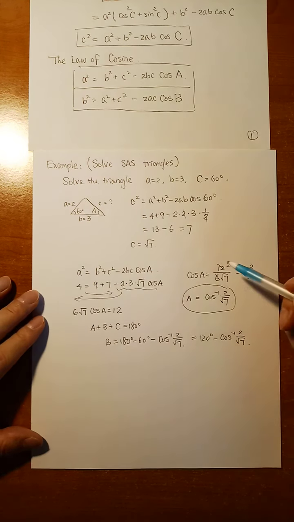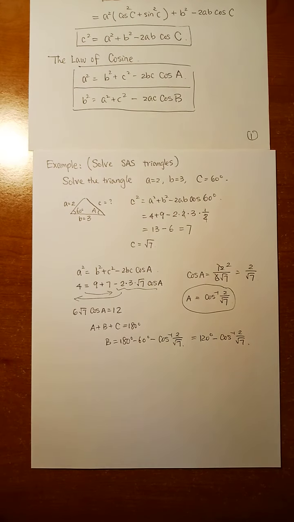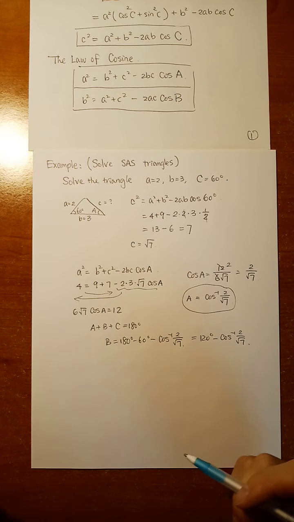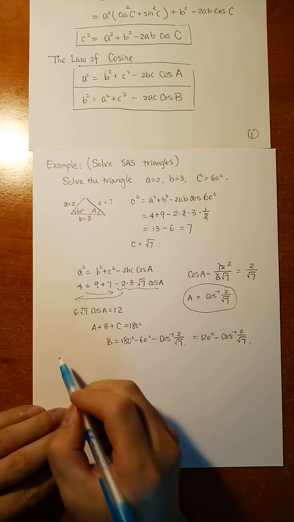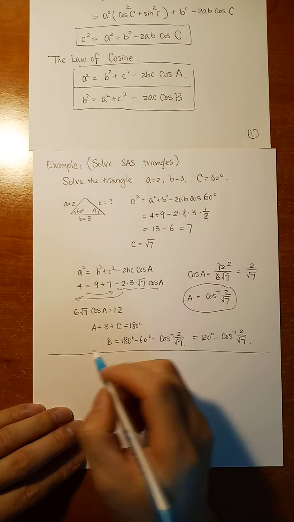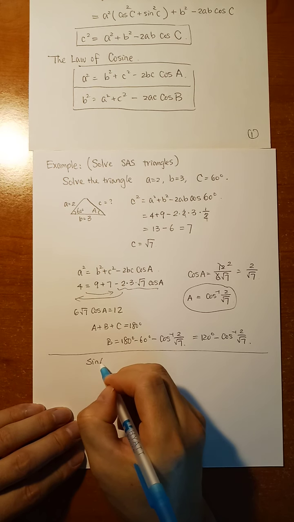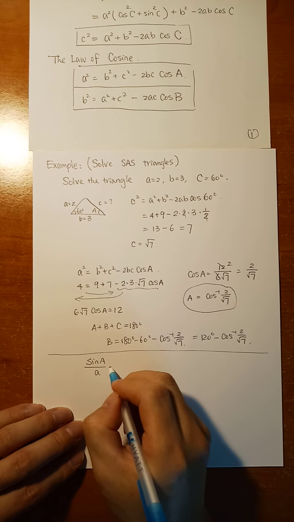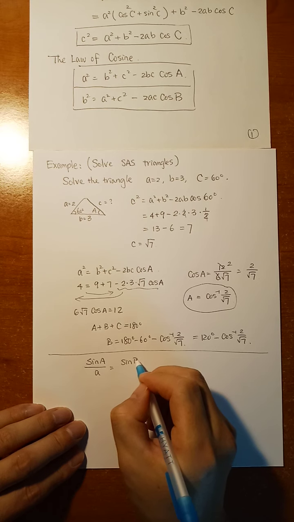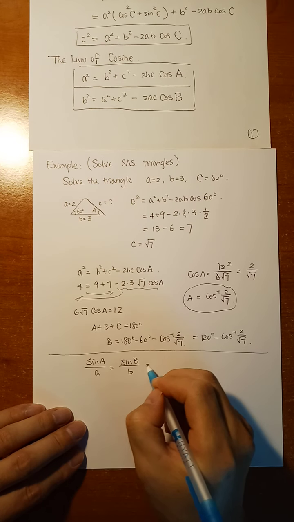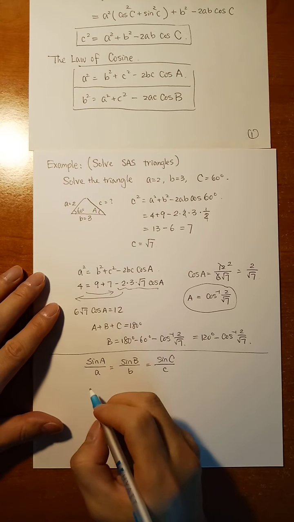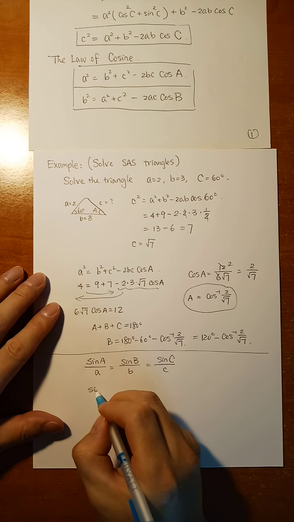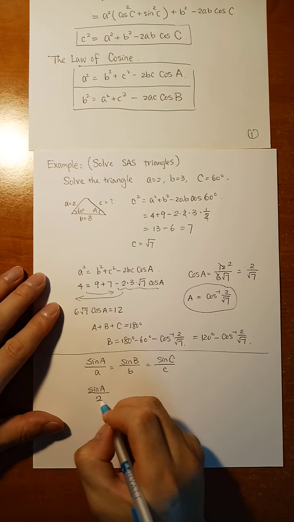Okay, so this part we use cosine. We, of course, can also use the law of sine. So I'm going to do one thing. The law of sine, what is the law of sine? So it's sine A over A is sine B over B is sine C over C. So we know A, B, C. So it's sine A over A is 2.